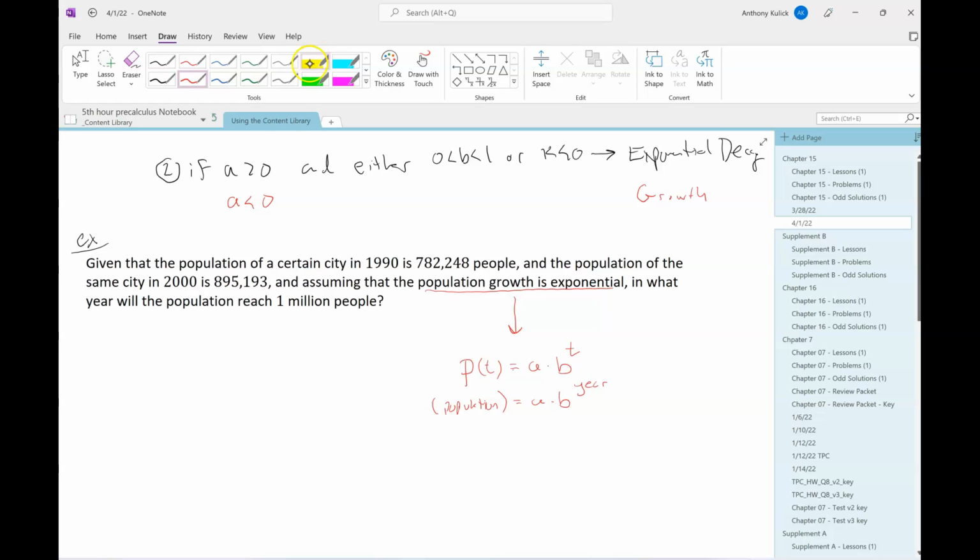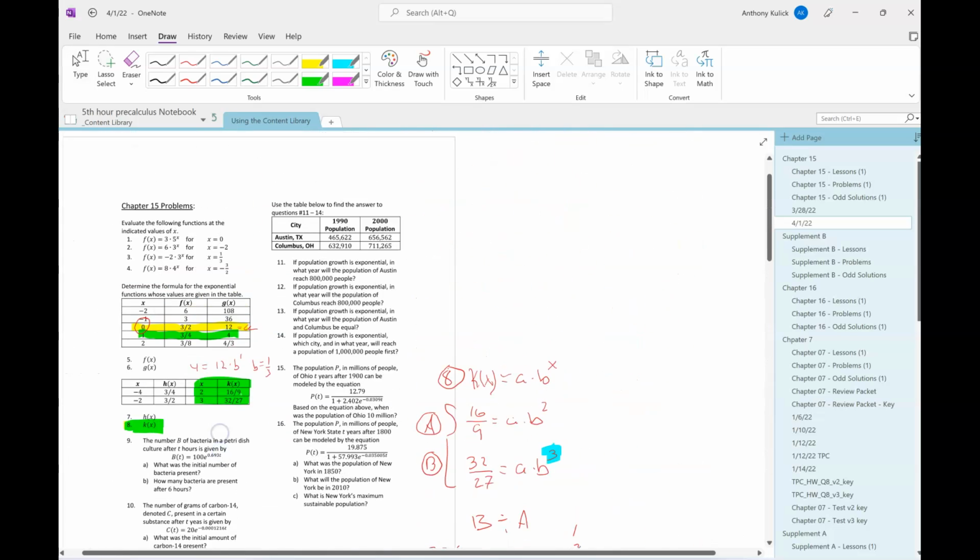So here's the trick that I'm going to employ to make this a little bit easier. The earliest date that we know anything about is 1990. I'm going to just make that time 0 then. Why is that going to be convenient for me? Think back to what we talked about when we looked at number 6 from the previous lesson.